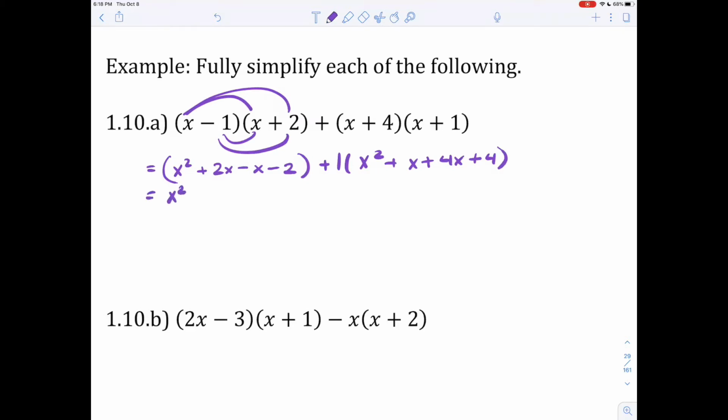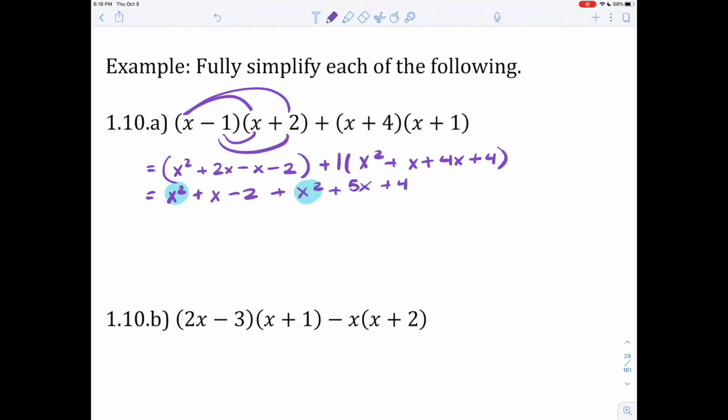So just for funsies, I'm going to rewrite this whole thing, but this time, you know what? Let me collect these like terms while I'm at it within these brackets. Whoop. x plus 4x is 5x plus 4. I'm going to continue on and collect even more of my like terms.